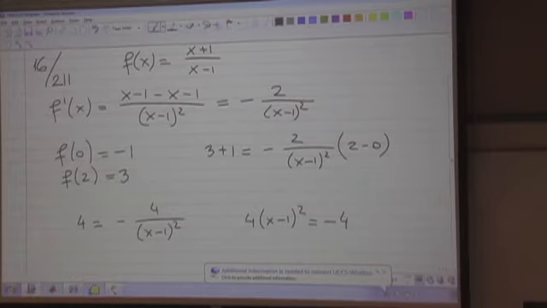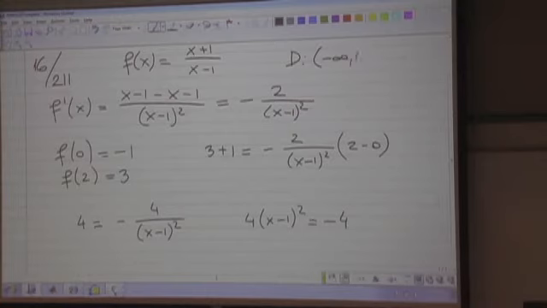There's only two conditions. It's not continuous. Why is it not continuous? Because x can't equal 1. Right? The domain of f is actually minus infinity to 1, union 1 to positive infinity.